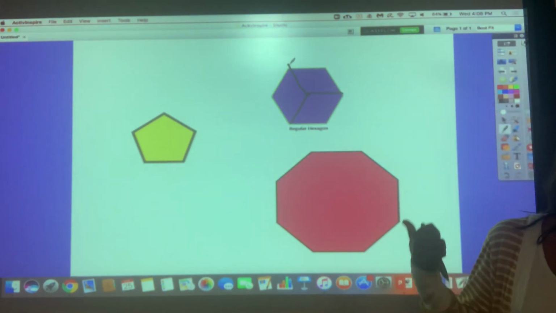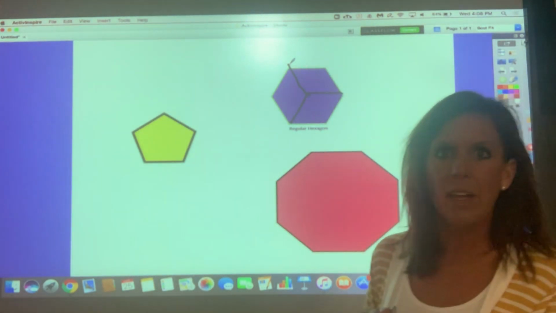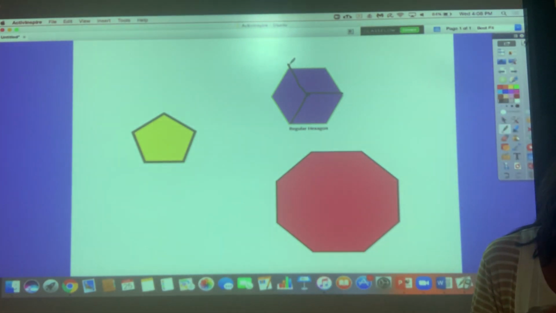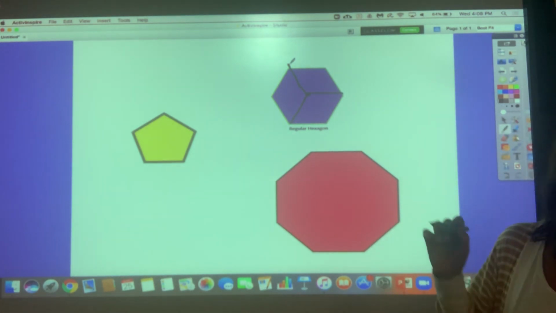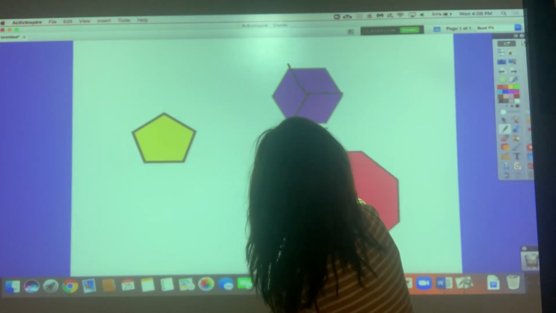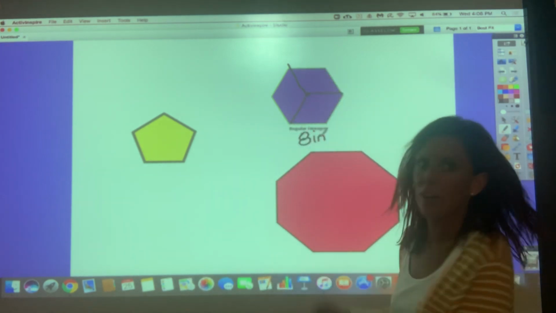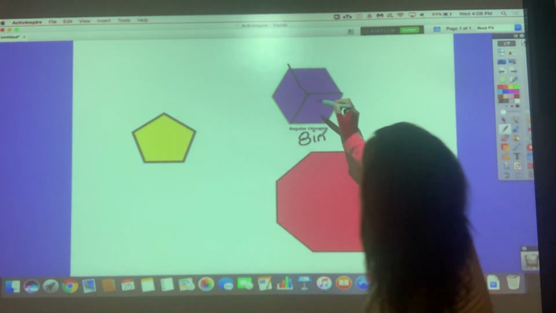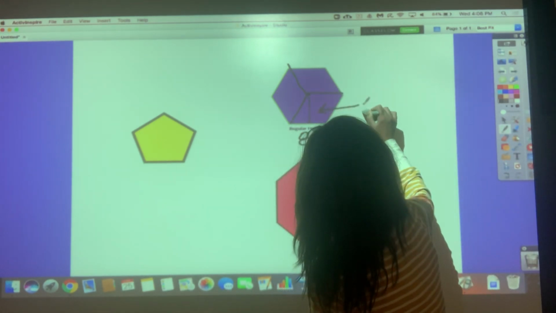A rhombus is a type of parallelogram, so we can use the parallelogram formula to find the area of this regular hexagon. We have a regular hexagon, and we're told that all of its sides are 8 inches, and that the height inside here is 6 inches.